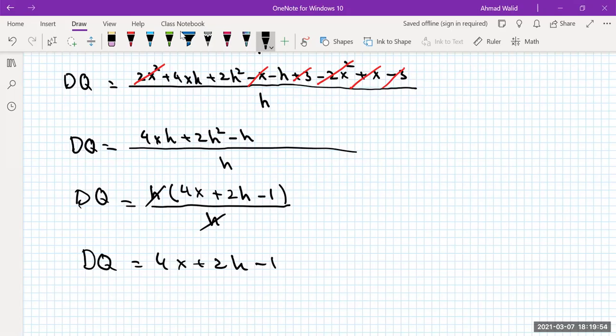This one is actually the average rate of change for the given function. I don't want to talk about what it means. I did a little bit when I explained. This is your final answer for this book, correct? This is how you calculate the difference quotient of any given function.